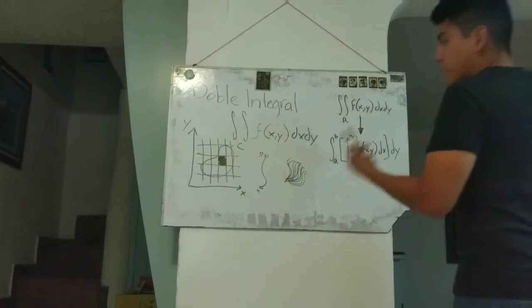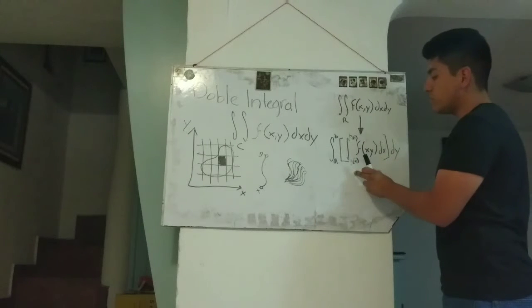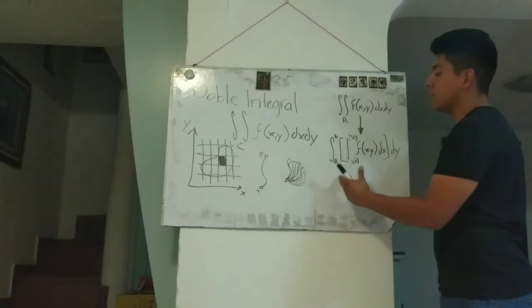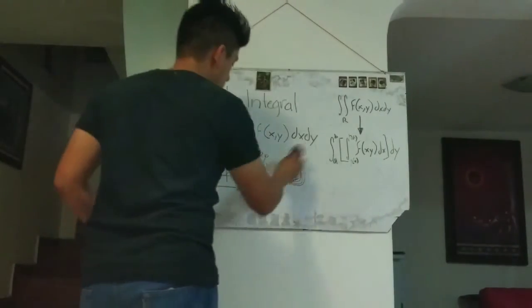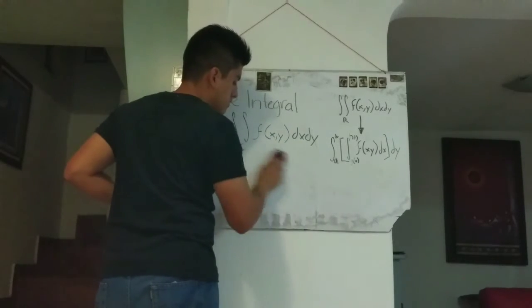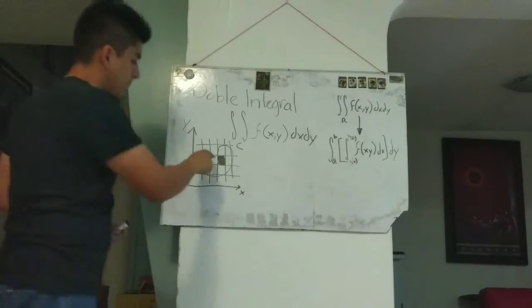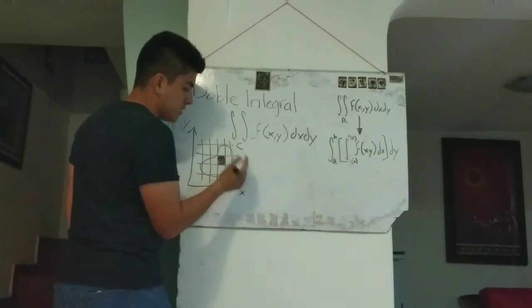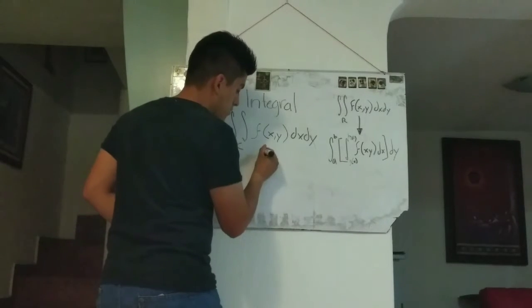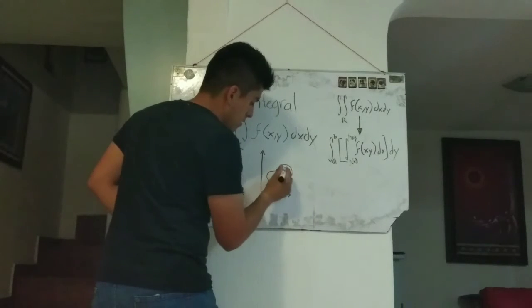In a double integral, you first integrate this part, and the result of this you integrate again, but with the other values that the problem gives you. I'm going to do this, it is not really important. If we want to get this, it means that we are going to work over here.